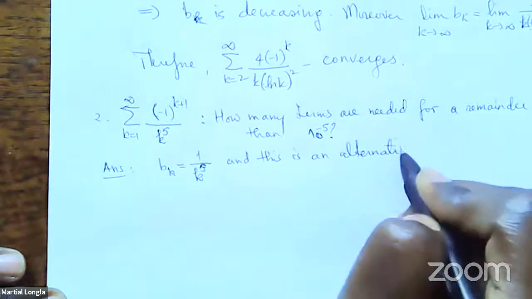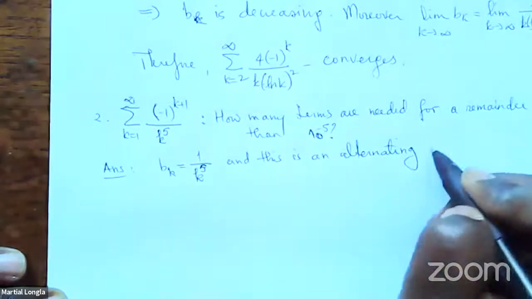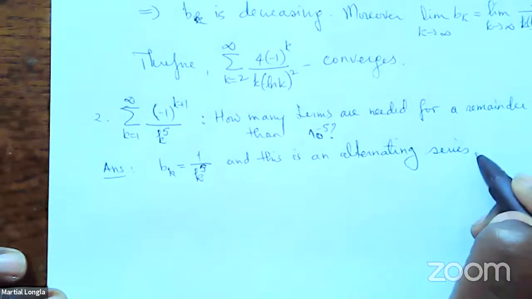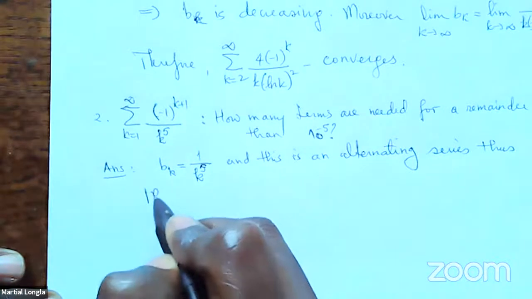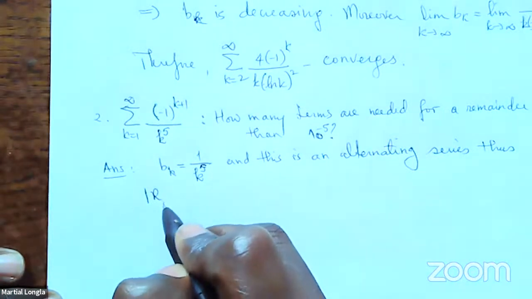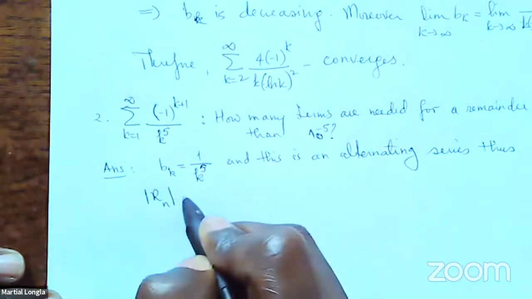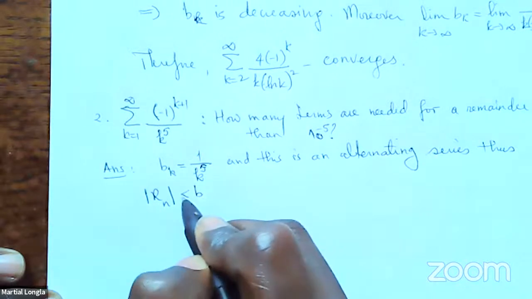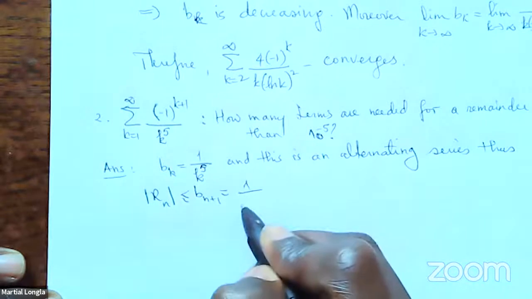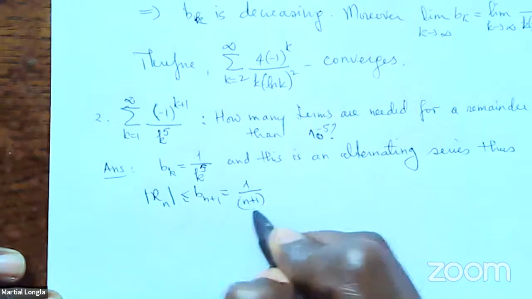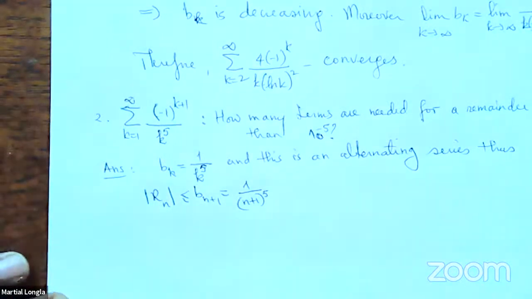If it's not an alternating series, that formula doesn't work. Thus, the absolute value of R_n is less than b_(n+1), which in this case is 1 over (n+1) to the power 5.